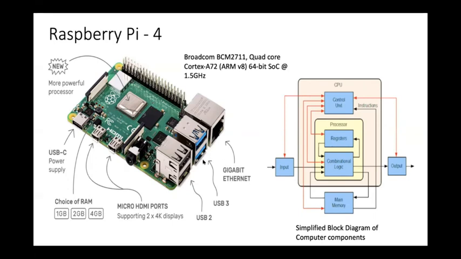On the right-hand side, I show a simplified architecture of a CPU. It has a processor and a control unit. The processor itself has a number of registers which hold the data temporarily, and an arithmetic and logic unit which performs functions on register data.